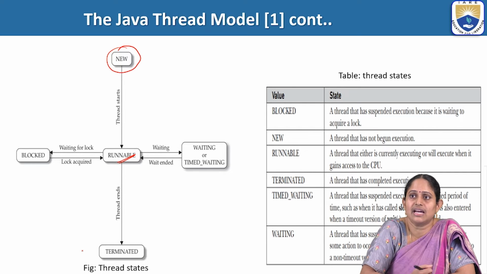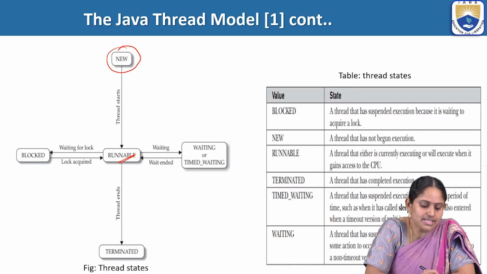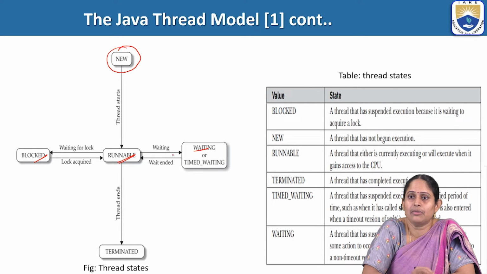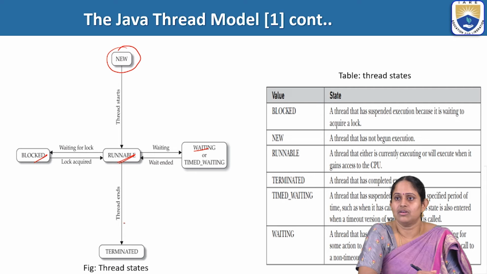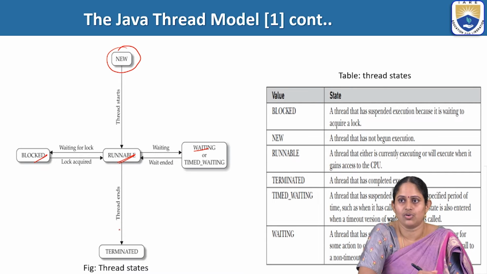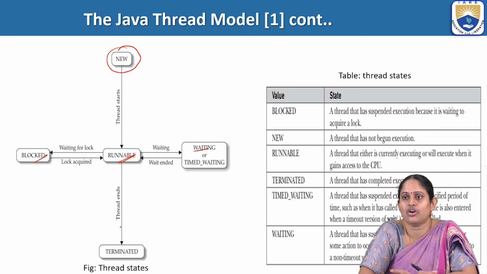In the runnable state, the thread is either currently executing or will execute when it gains access to the CPU. From the runnable state, it may move to the waiting state or the blocked state. It may go to the waiting state when a thread has suspended execution because it is waiting for some action to occur, for example when a wait or a join method is called.